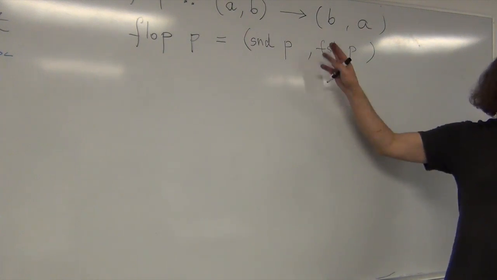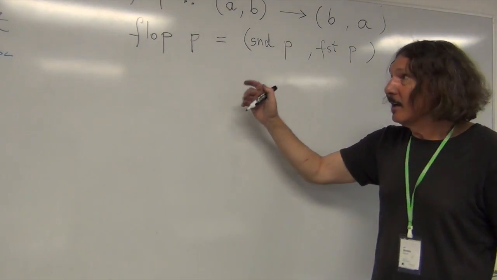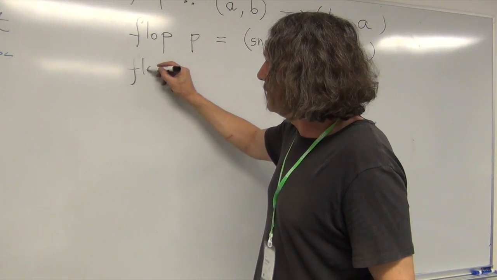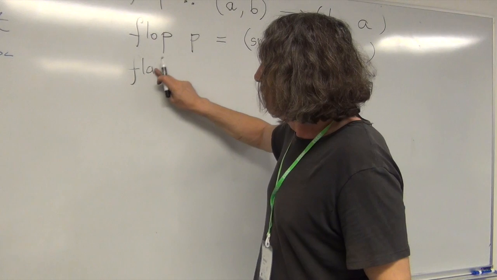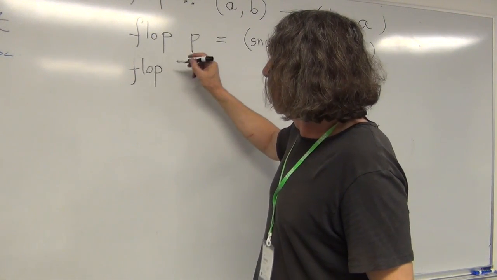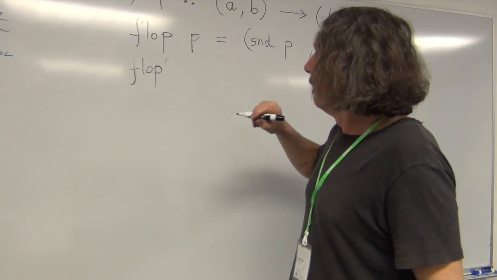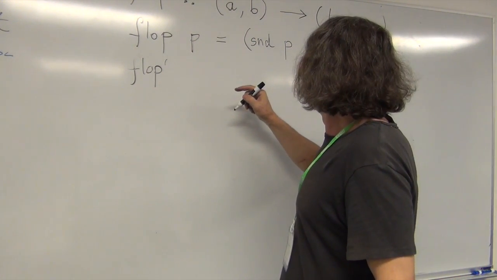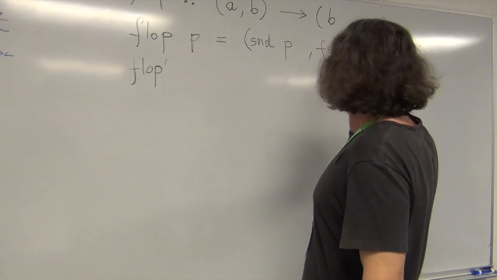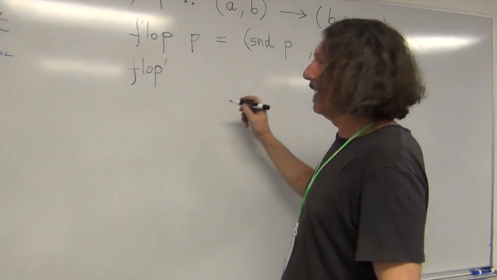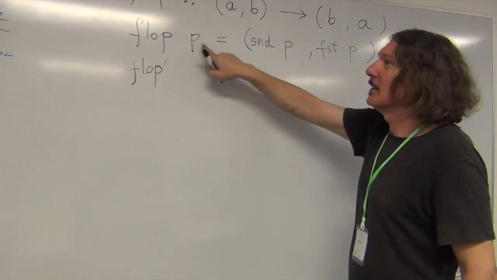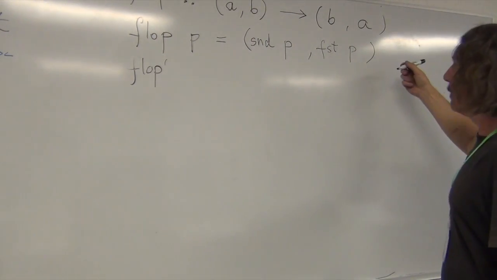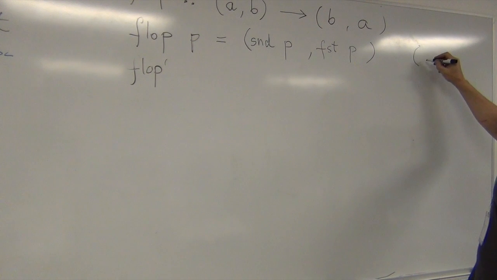Now probably most Haskellers would not write it this way because they like pattern matching. Pattern matching is so nice. Well, it's the opposite of point free. You could probably write this in point free notation.